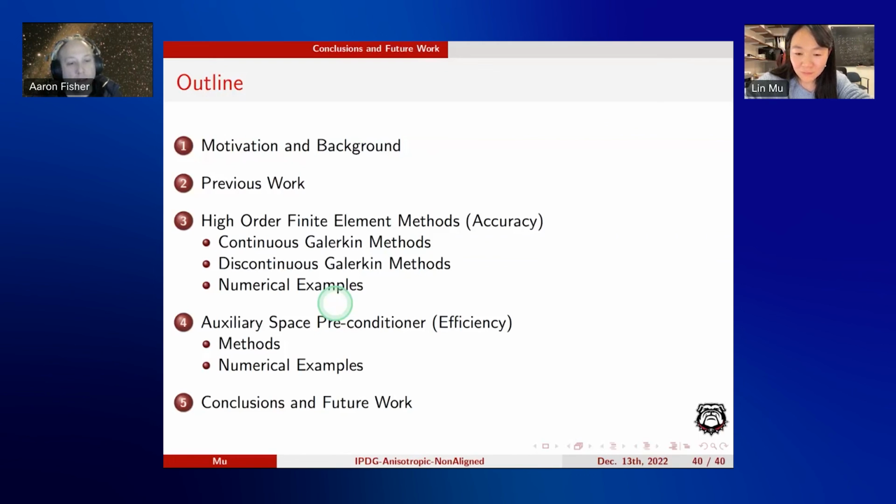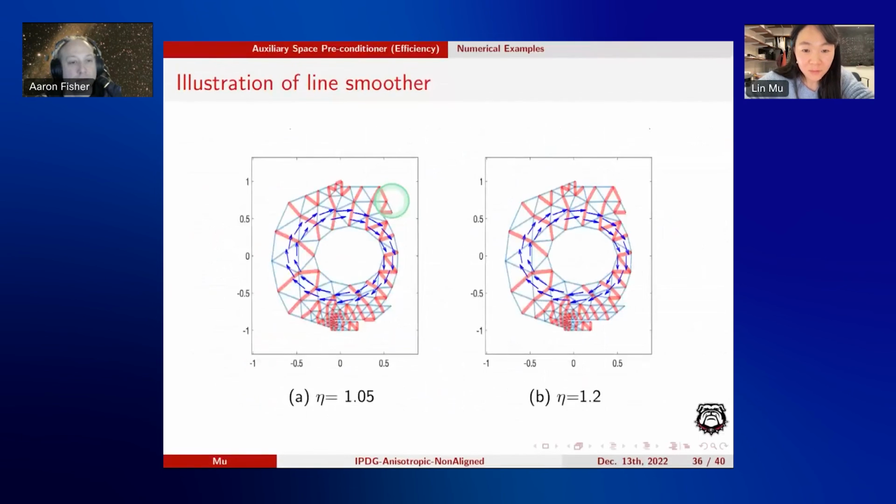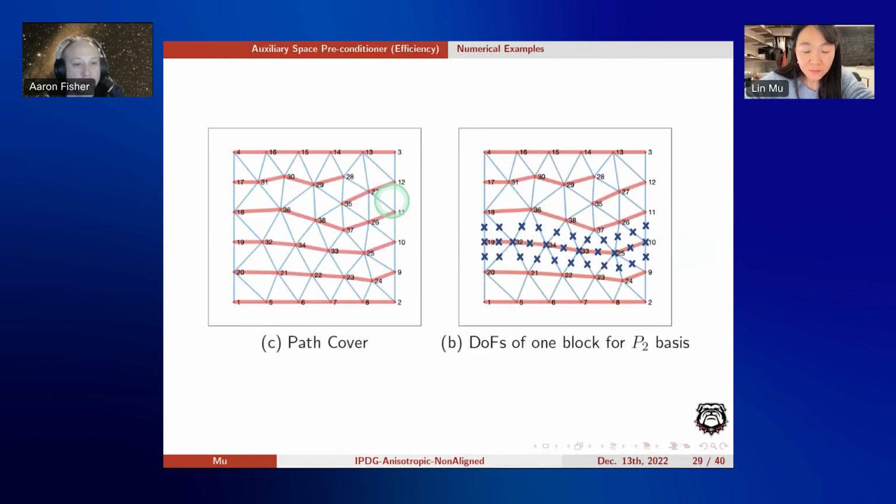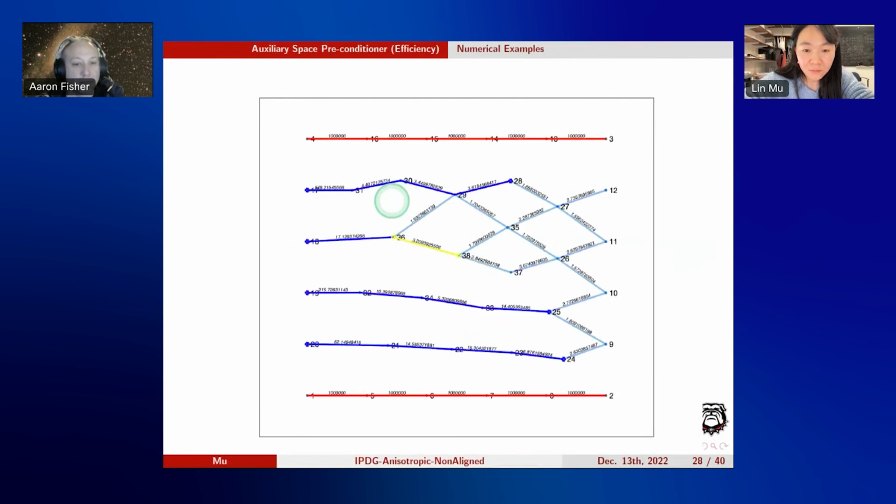I have a quick question. This is Tanya. Maybe I missed it, but what was the interpolation operator exactly that you used? Pi? Is it the averaging, or is it really an L2 projection? L2 projection.